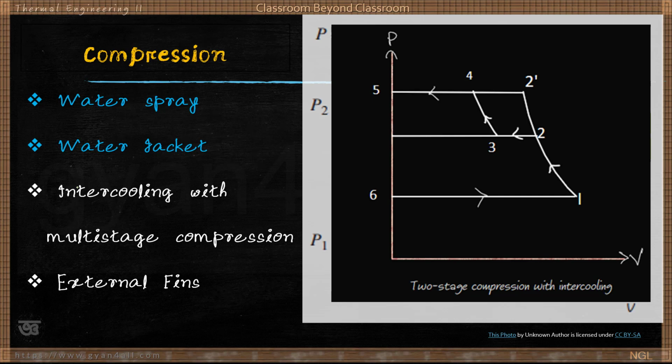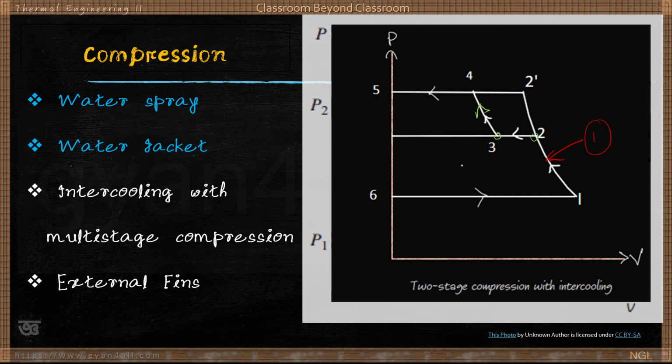Now suppose this is the PV diagram for two-stage compression. What are the stages? First stage is 1 to 2, this is the first stage compression, and second stage is 3 to 4. From 1 to 2, again 2 to 3, that is another process.